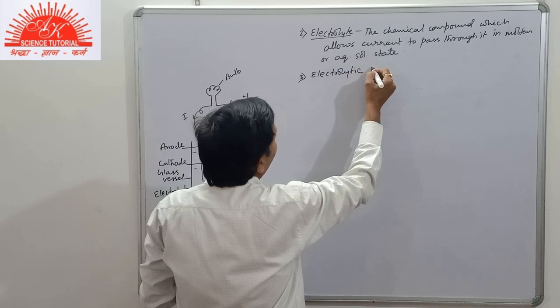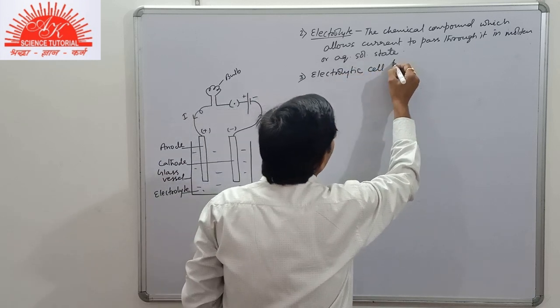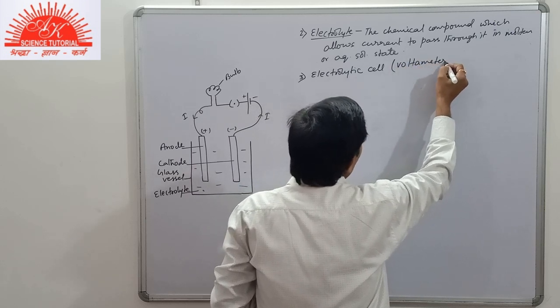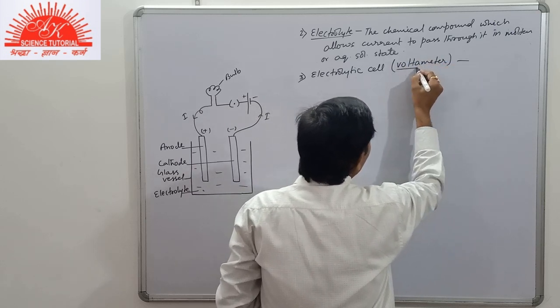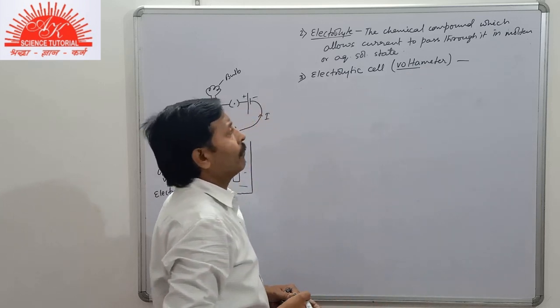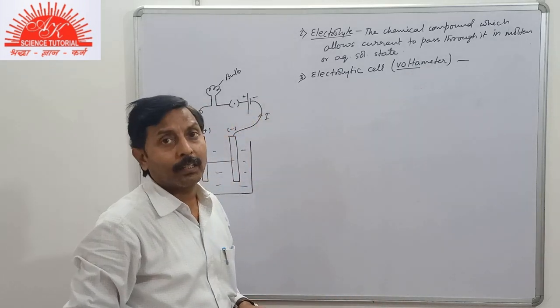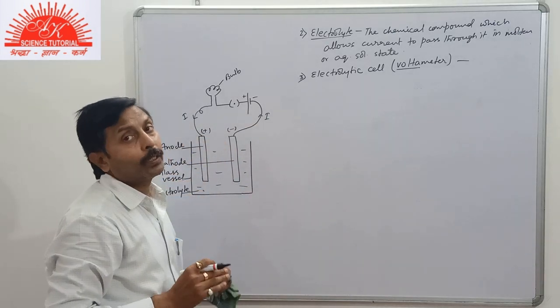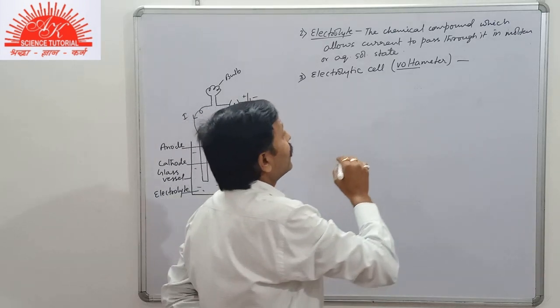Now third term is the electrolytic cell. The electrolytic cell, also known as voltameter. You should remember here, students, this complete setup is known as voltameter or electrolytic cell.